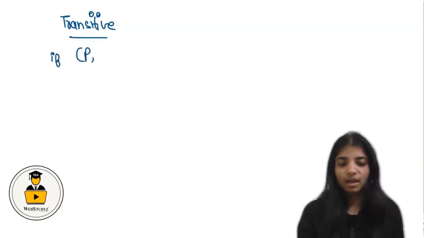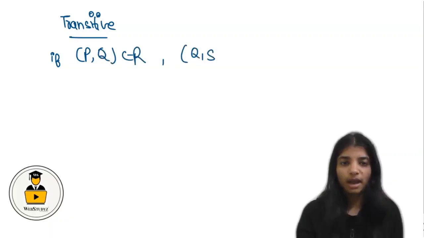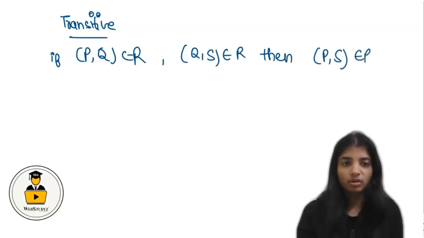Now we are going to check if the relation is transitive or not. The condition for transitivity is that if (P, Q) belongs to R and (Q, S) belongs to R, then (P, S) also belongs to R. If this condition is satisfied, then the relation is transitive, otherwise it is not.